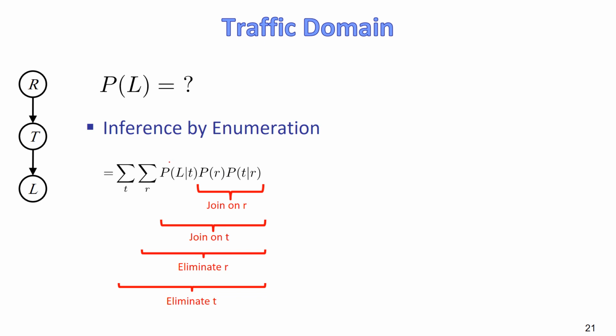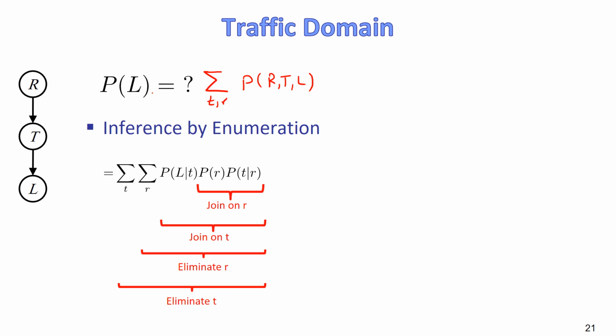Remember what we saw earlier in this lecture, that P of L is equal to the sum over T and R of the probability of R, T, and L. The order doesn't matter, but the order of the variables here is R, T, and L. So that's the joint probability, and that's the marginalization.